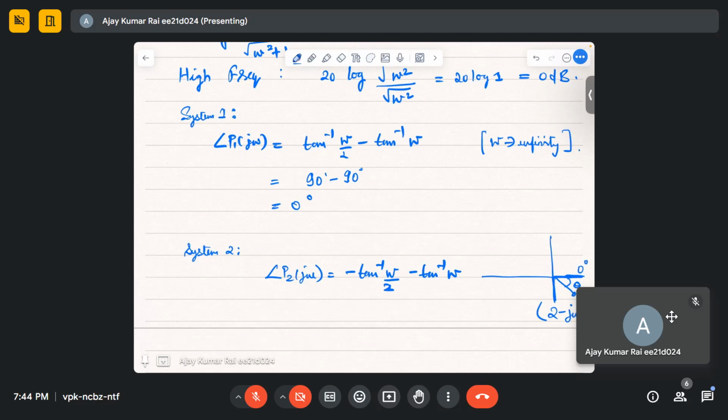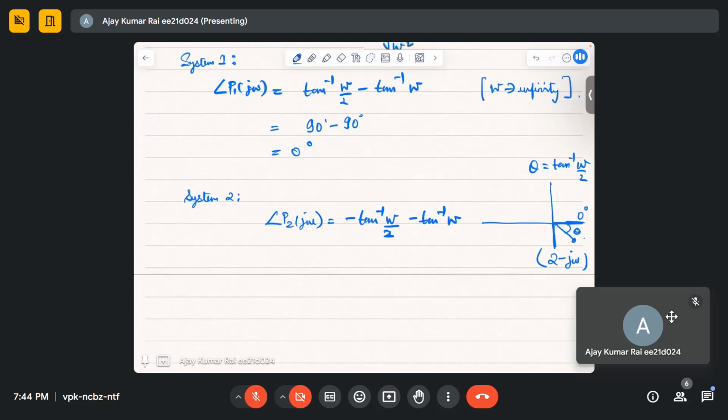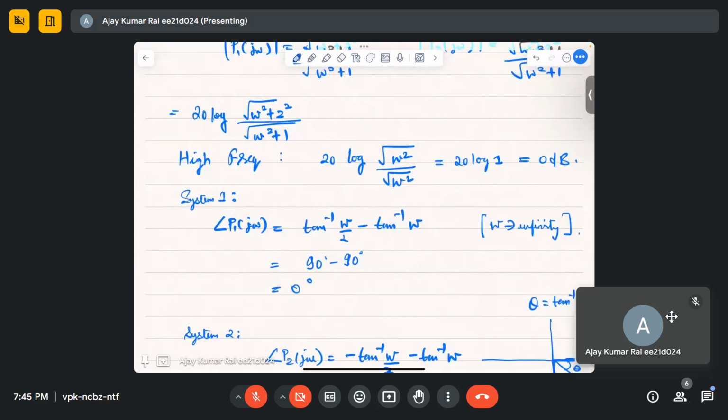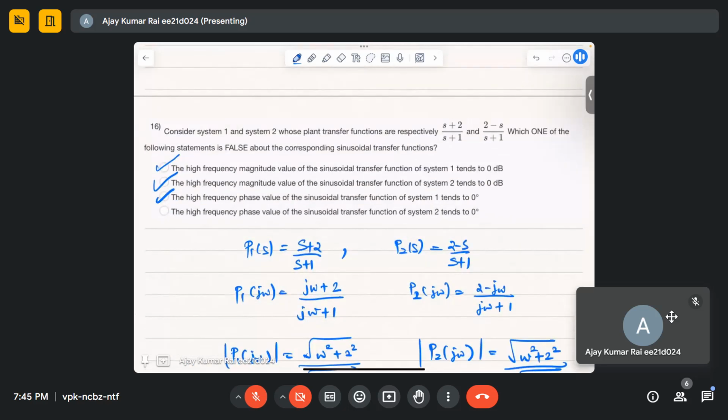So theta is tan inverse of omega by 2. If you put omega to be infinity, what will you get? Minus 90 degree. Here also you will get minus 90 degree, so you'll get minus 180 degree, or you can say 180 degree. So the last statement is not correct.